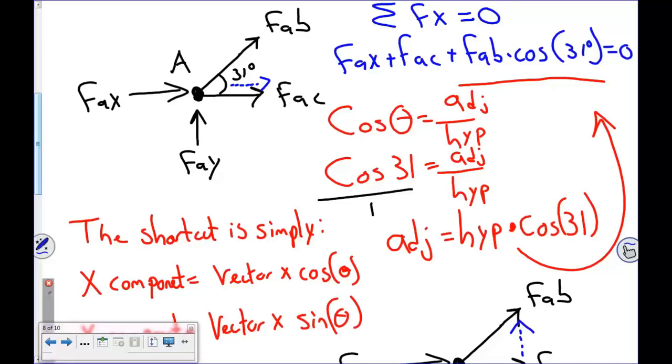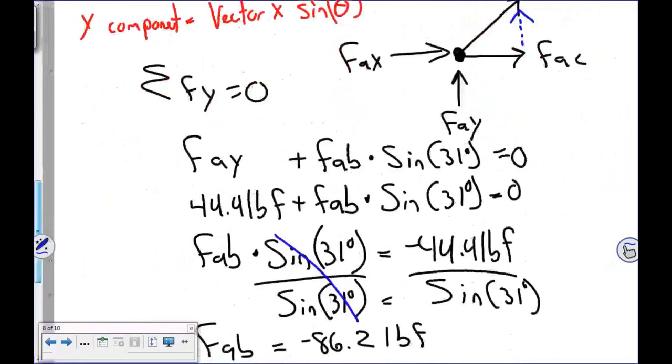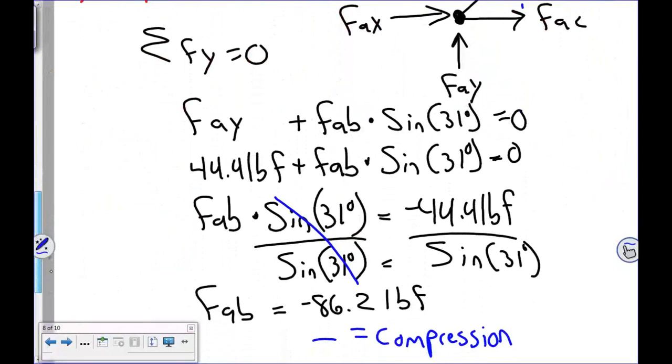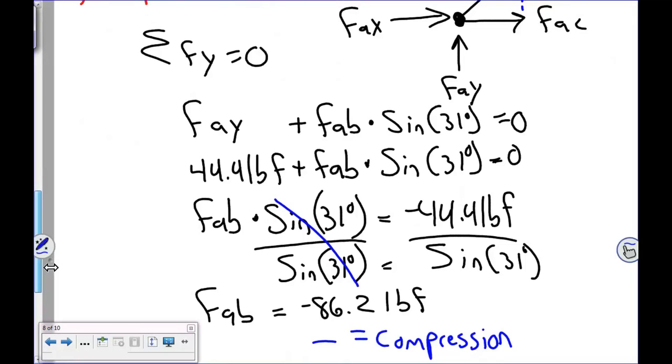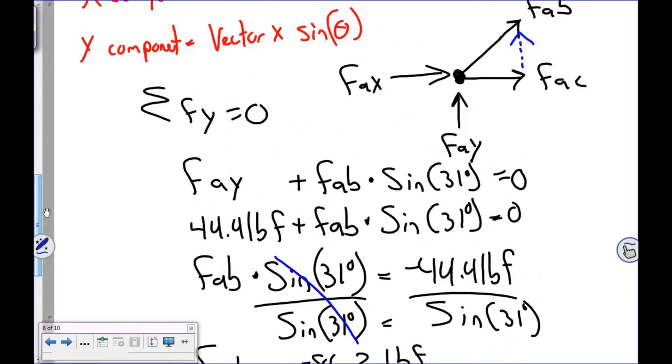Okay, so leave a little space. We'll come back to it. And let's write sum of the forces y must equal 0. Sum of the forces y must equal 0. All your eyeballs now see is what? Y. What are my y forces?